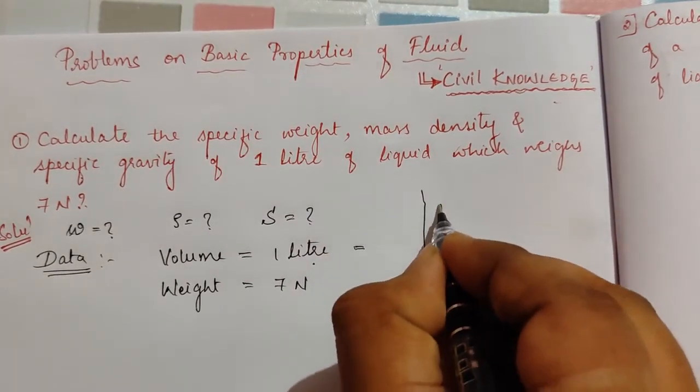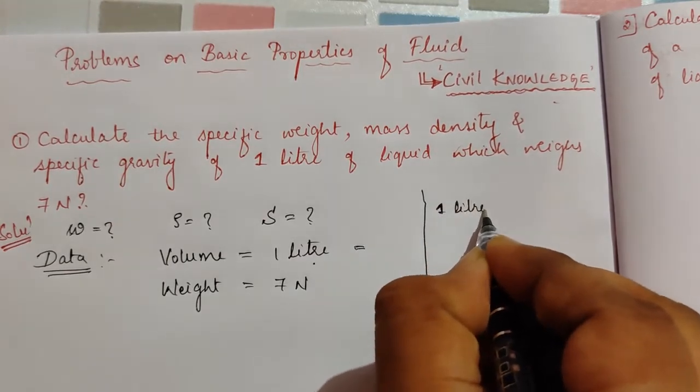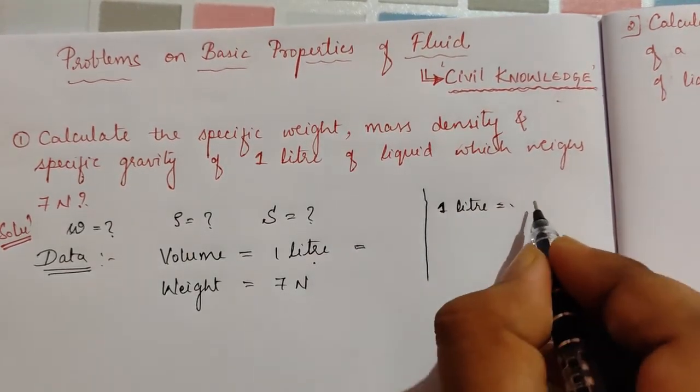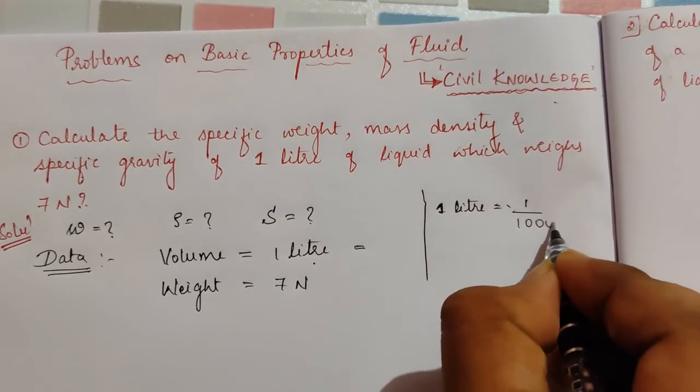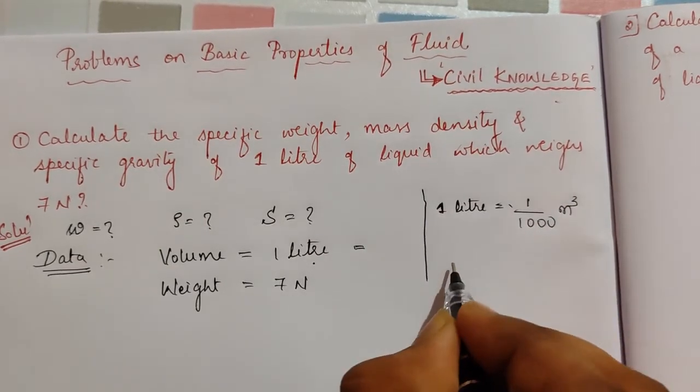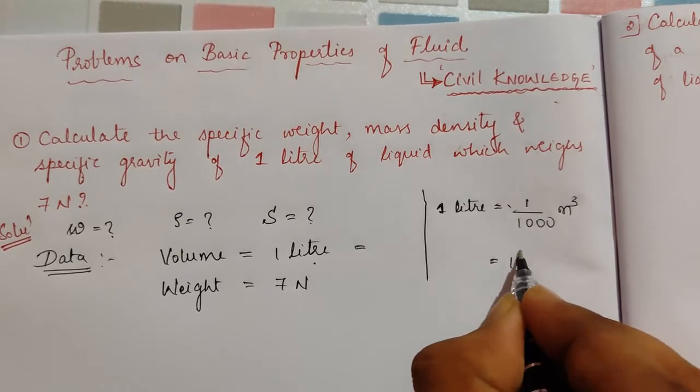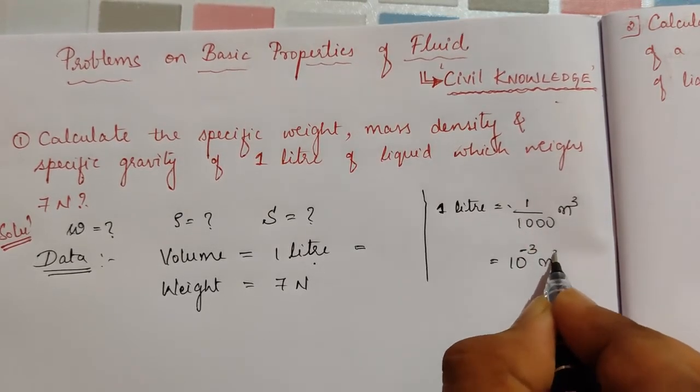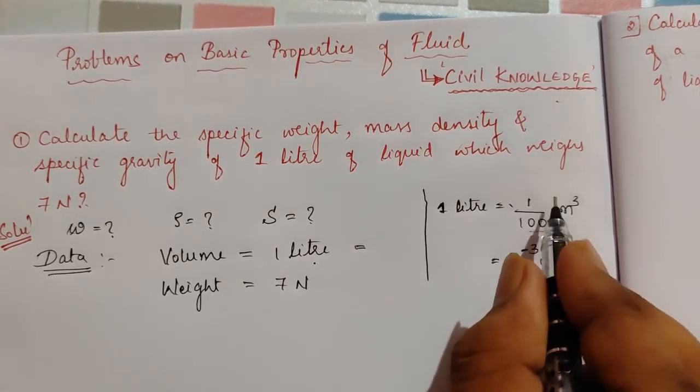Your 1 liter is nothing but 1 by 1000 meter cube, or we can also write 10 to the power of minus 3 meter cube.